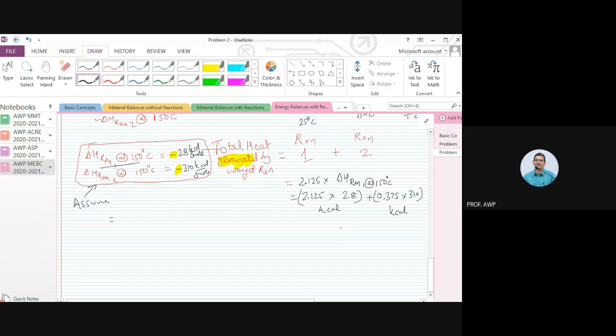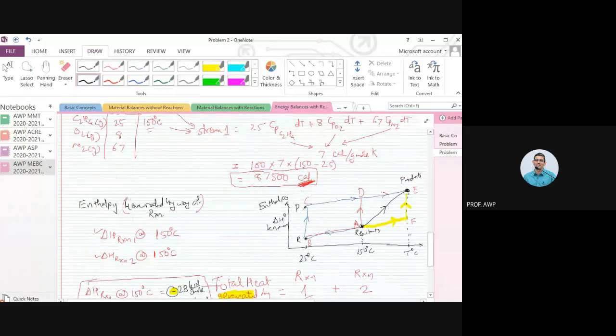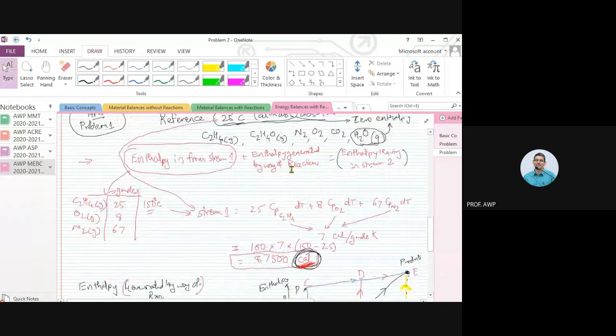Or if you like, you can say it is minus delta H, and the minus will take care of this minus sign. Either way, just multiply by the absolute magnitude, because we are already writing it as heat generated. So take care of units. This is in terms of kilocalories, whereas the enthalpy coming in from stream 1 is in terms of calories.